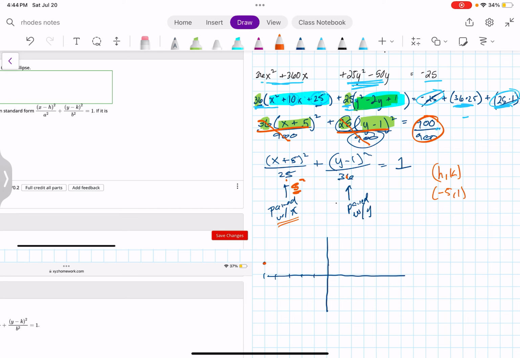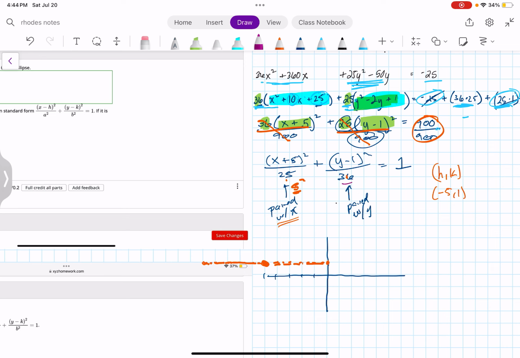That is the a or b value, whatever you want to refer to it as, but that is the horizontal distance to one of the vertices of the ellipse. So I'm going to go from my center, and I'm going to move out 1, 2, 3, 4, 5 in that direction, and then 1, 2, 3, 4, 5 in that direction. And that's going to give me my horizontal axis right now. I'm not going to talk about it as my major axis or anything like that, just my horizontal one.